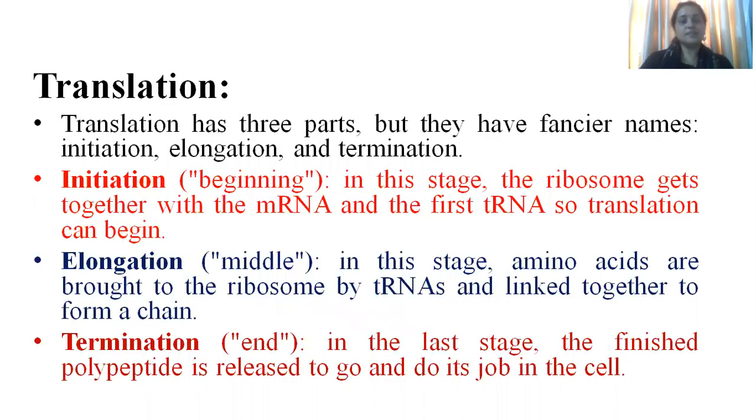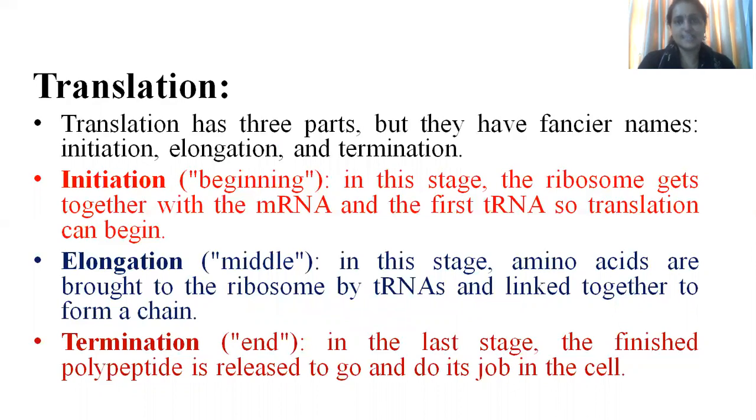This process contains three different stages: initiation, elongation, and termination. During initiation, the active tRNA, that is the amino acid attached to the tRNA, takes a position on the ribosome, and they form an initiation complex.